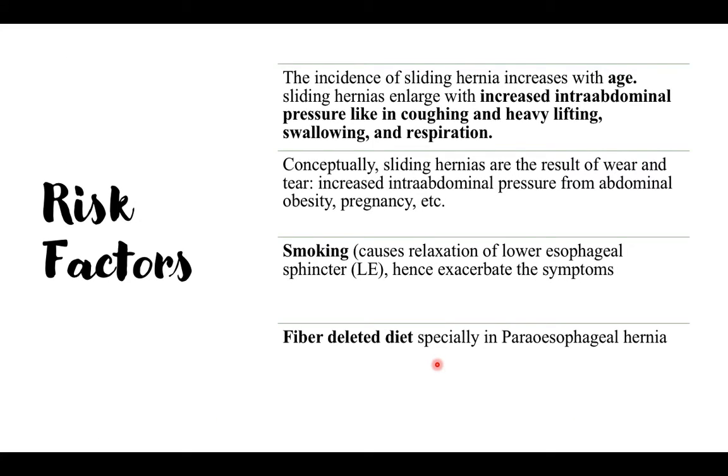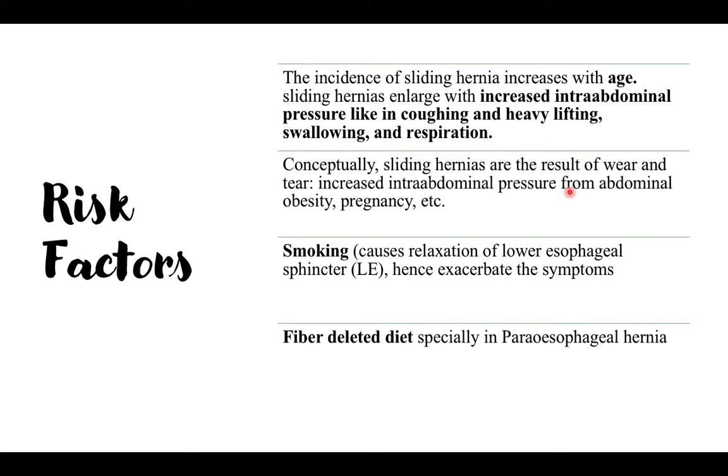Now what are the risk factors? The incidence of sliding hernia increases with age, with weakening of the ligaments. So definitely there will be an increased chance of getting sliding hernia, and sliding hernias enlarge with increased intra-abdominal pressure, like in case of coughing, heavy weight lifting, swallowing, respiration. These are all the things which come under the risk factors.